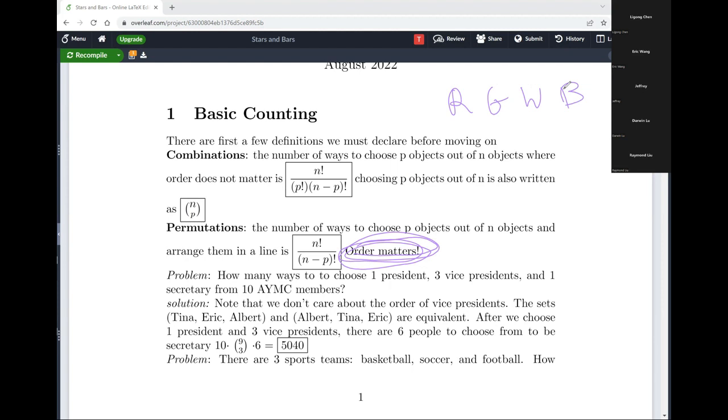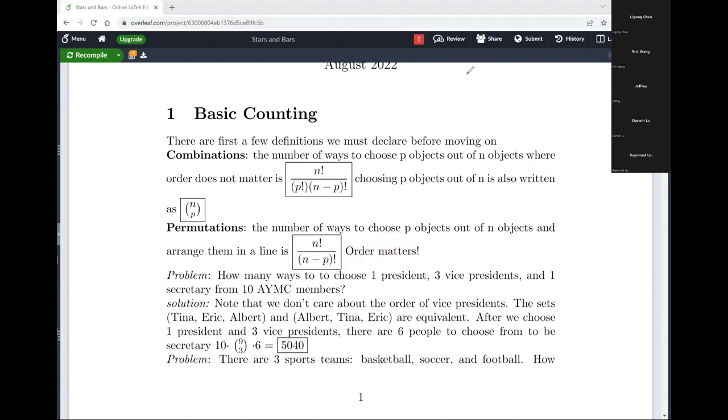And if you want to find the number of ways to permute them or arrange them in a line, this would be 4 factorial, because if you think about it, we have 4 spots, and the first spot has 4 options to choose from, but then the next one only has 3 options because you already used 1, and then 2, and then 1. So 4 times 3 times 2 times 1, or in other words, 4 factorial.